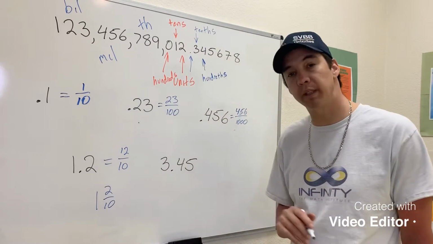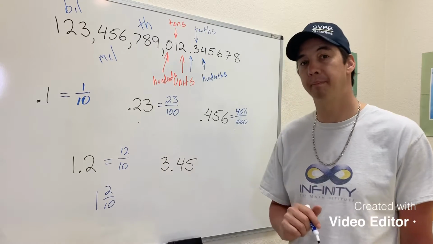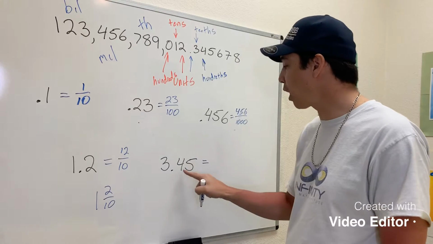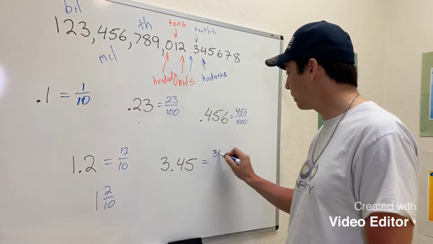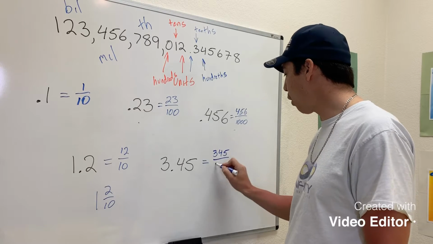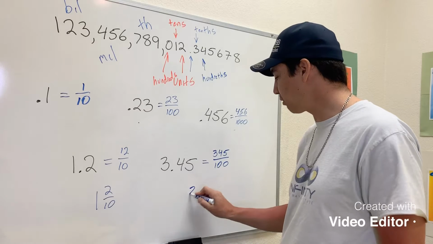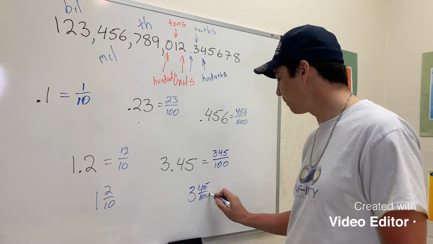Can you figure out which one this is as an improper fraction as well as a mixed number? We're going up to the hundredths place, so that will be my denominator. It will be 345 over 100, or as a mixed number, it would be 3 45 hundredths.